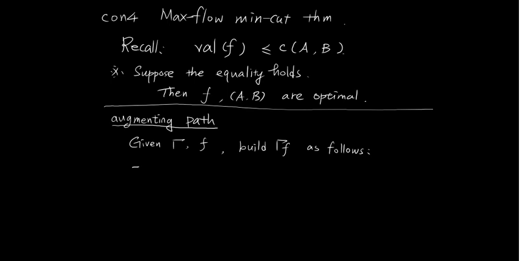Okay, first, the vertex set of gamma f is the same as the vertices of gamma. For every edge, if I have an edge in gamma, then we do the following.